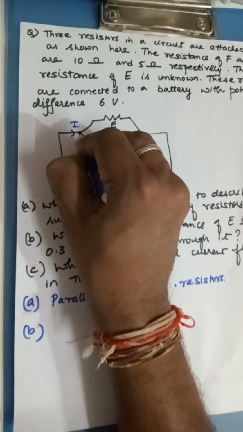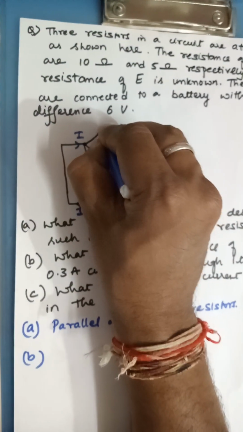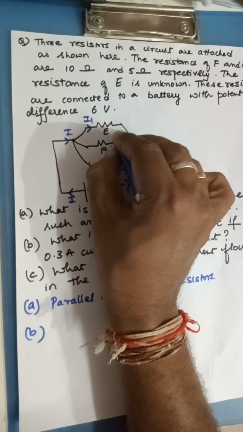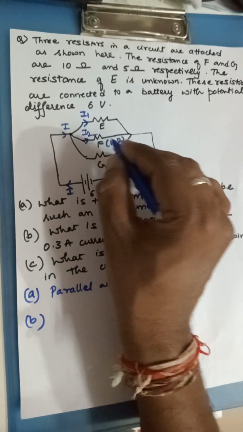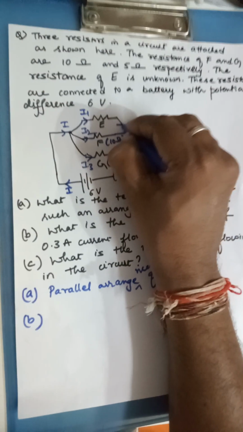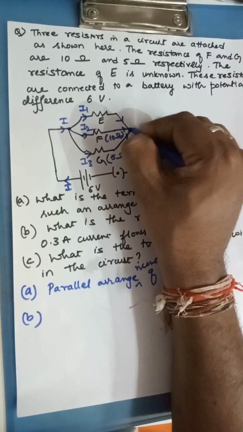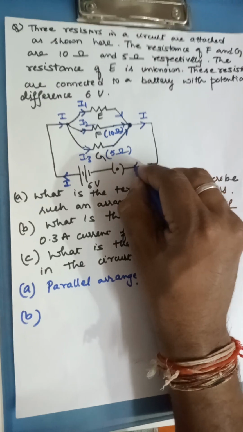At this node or junction, the current will divide itself. Let's assume the current through resistor E is I1, current through resistor F is I2, current through resistor G is I3. At this point, the same three currents I1, I2, I3 will merge or add up to form the current I.